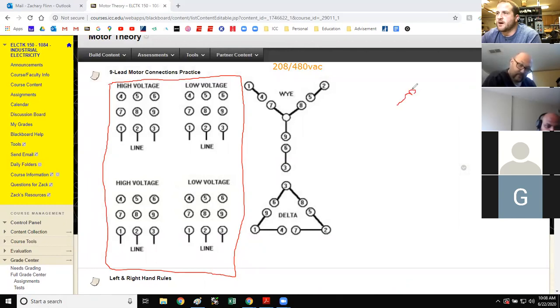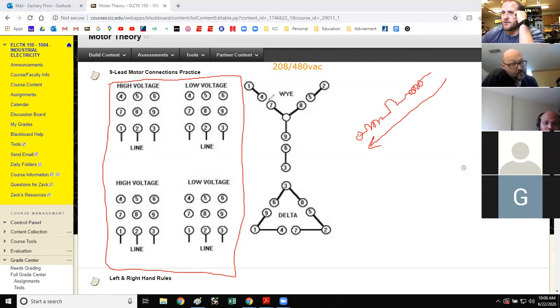So what that means is we're going to take, for instance, this right side. From 2 to 5, it's actually a winding, and from the middle connected point to wire number 8. For 480 volts, you would take these two and just hook them up together. That would make current flow through both of those in series.